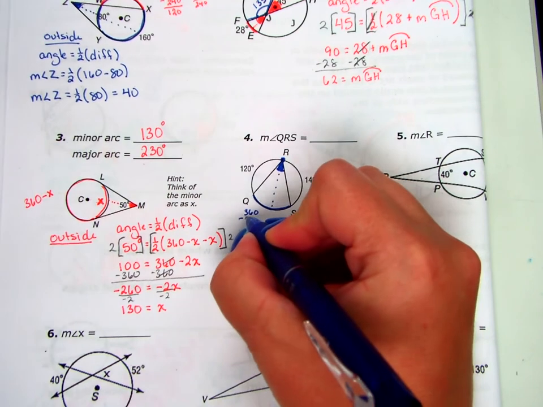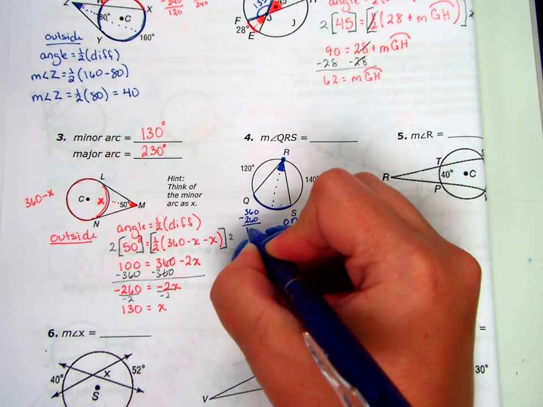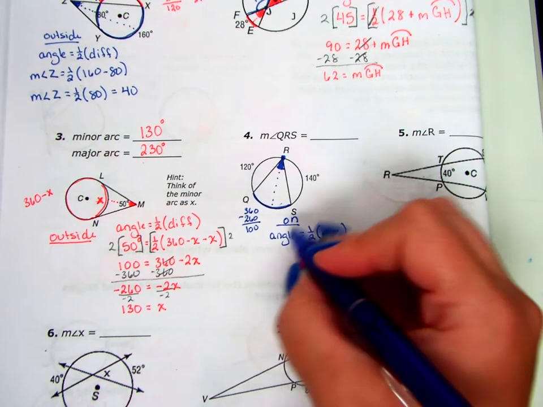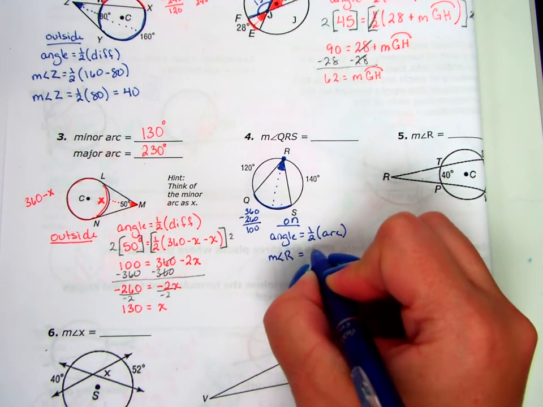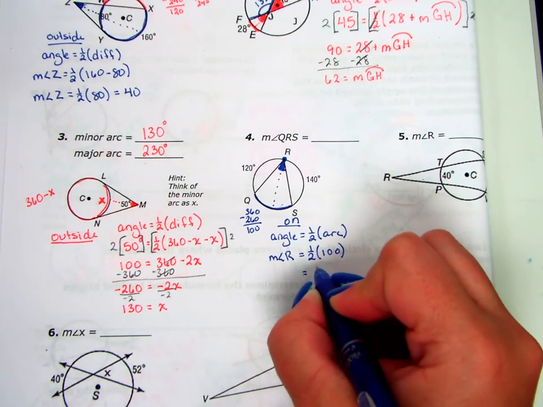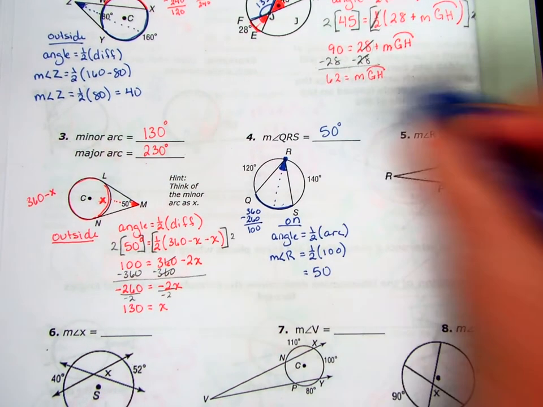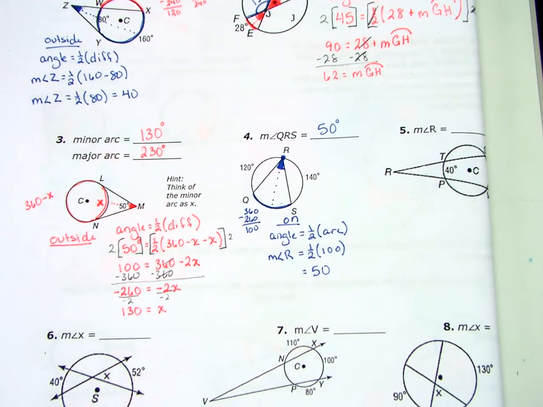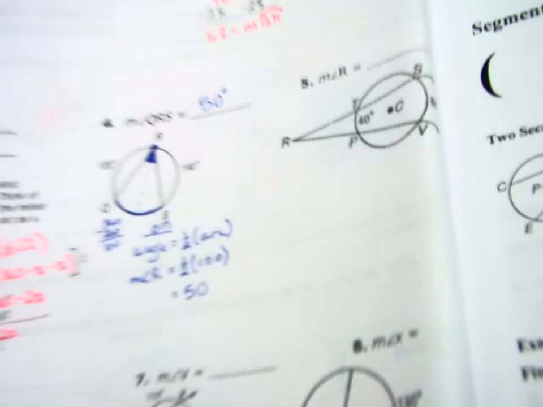I've used how many? 260. So that means this arc is 100. So the angle, the measure of angle R, is 1/2 of 100, which is 50. Questions? Okay.